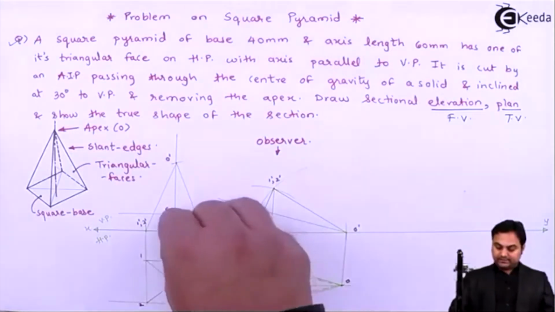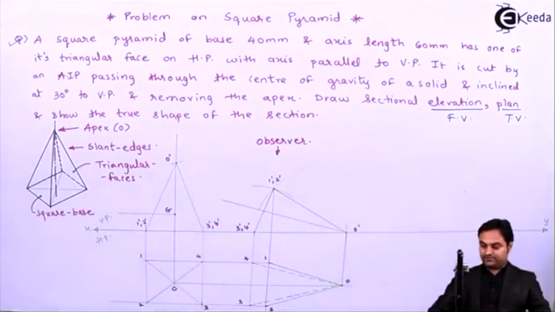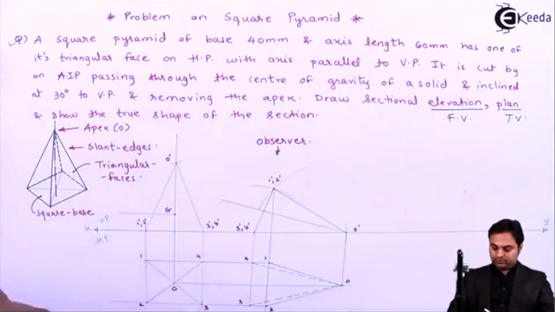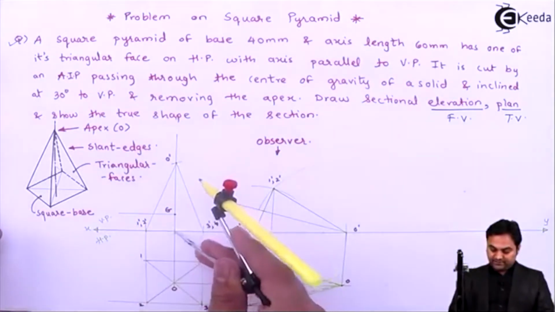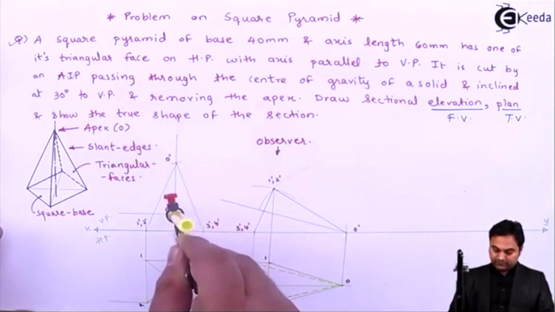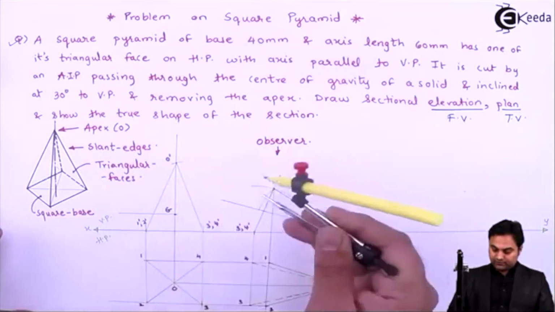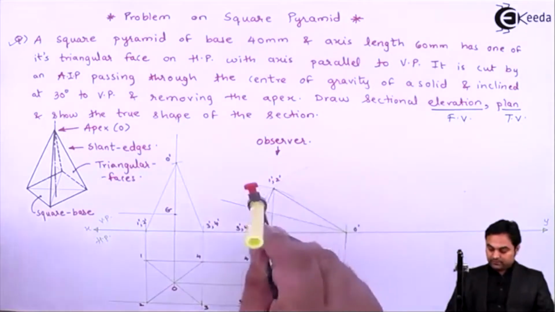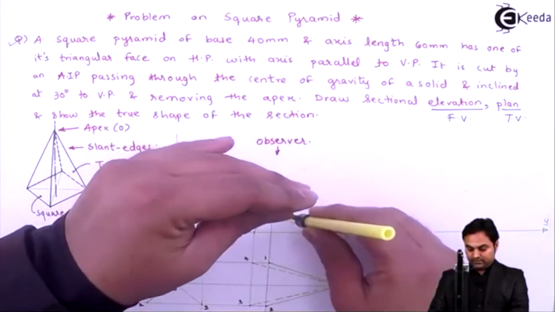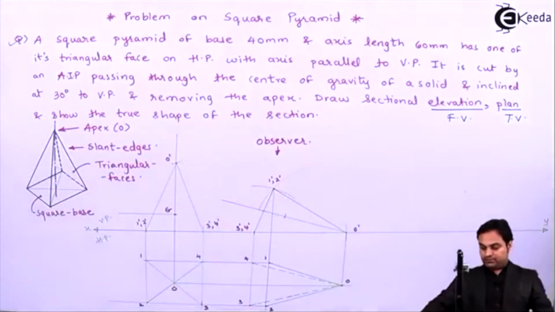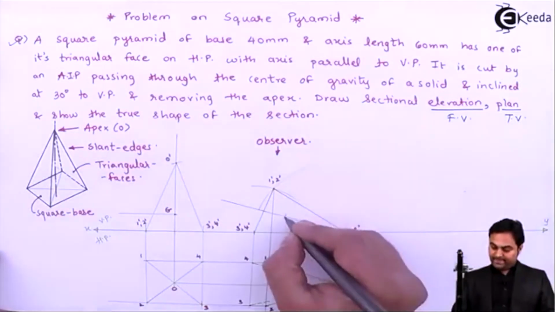Next, this CG needs to be marked here in the second condition. So measuring the distance from the base up to the CG of the square pyramid, here it will lie on this line. So this is the CG.